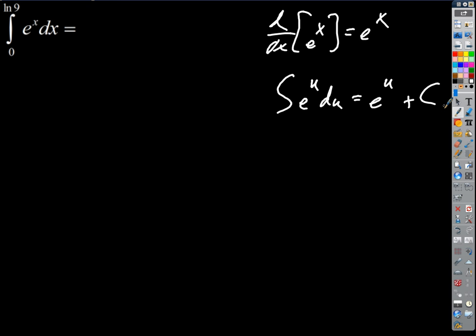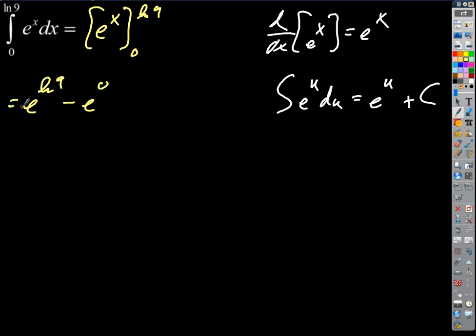So the integral of e to the x dx is just e to the x, but because we've got limits of integration, it's a definite integral, we're just going to evaluate that from 0 to log 9. So we just get e to the log 9 minus e to the 0 is our answer.